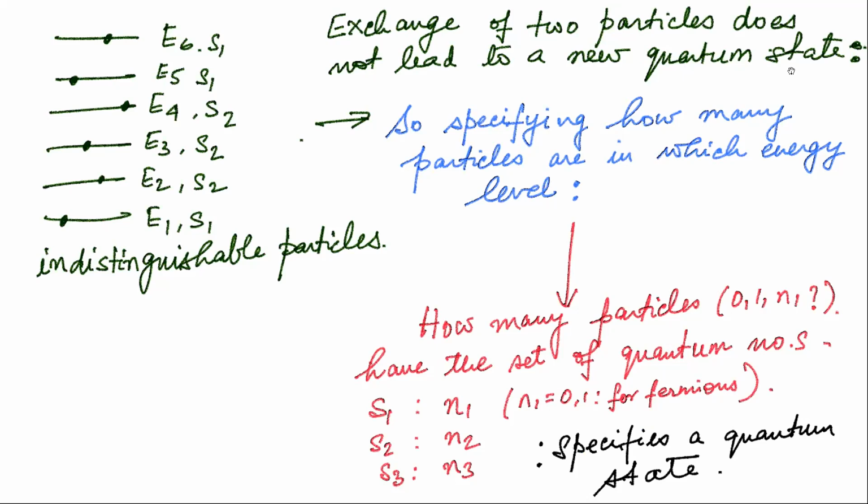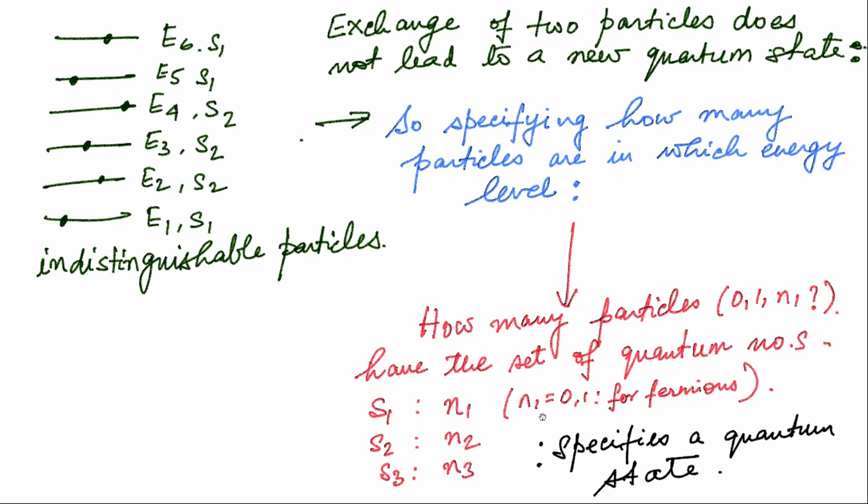Suppose you have multiple copies of the same system. So you have a system, and it will have a certain number of particles with a certain set of quantum numbers, and a separate, different number of particles with another set of quantum numbers, and so on and so forth.